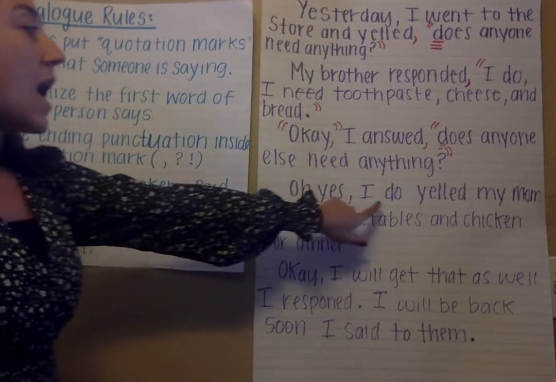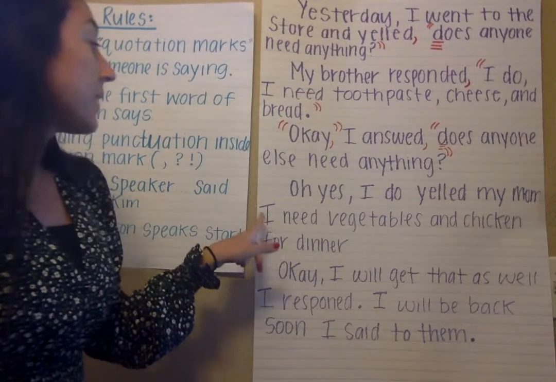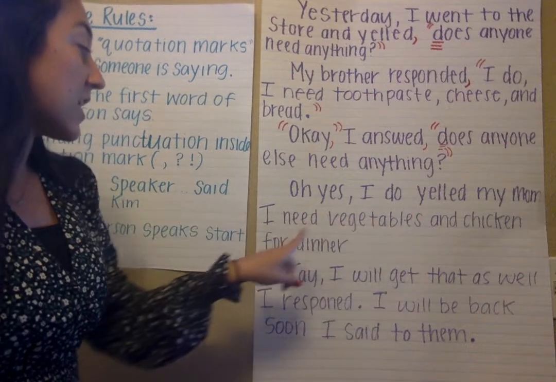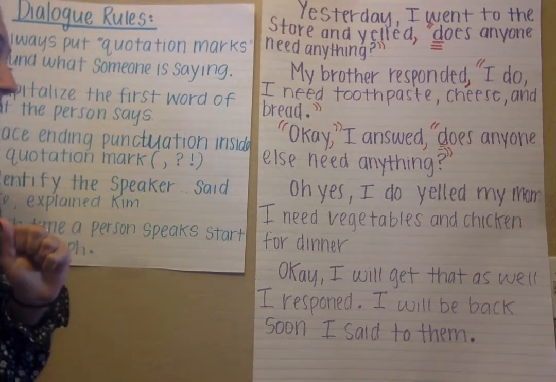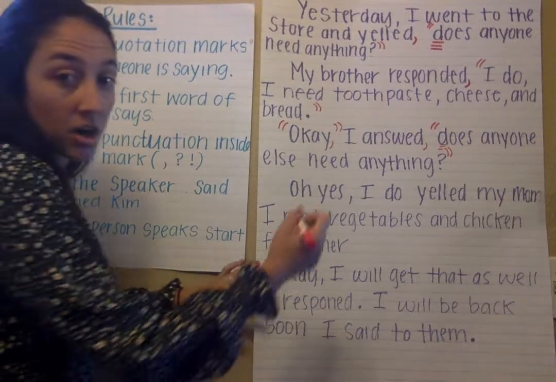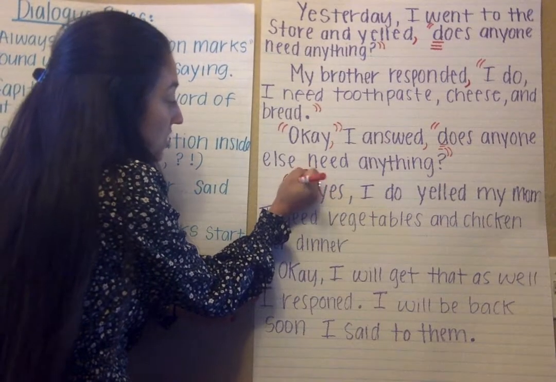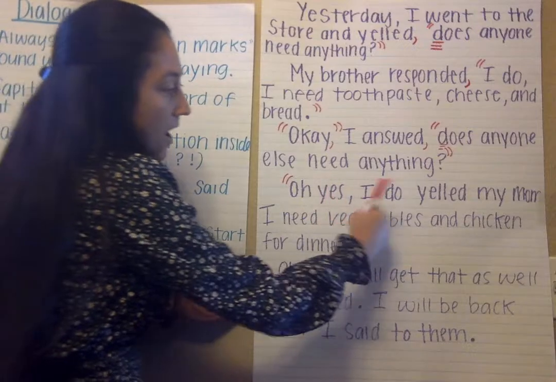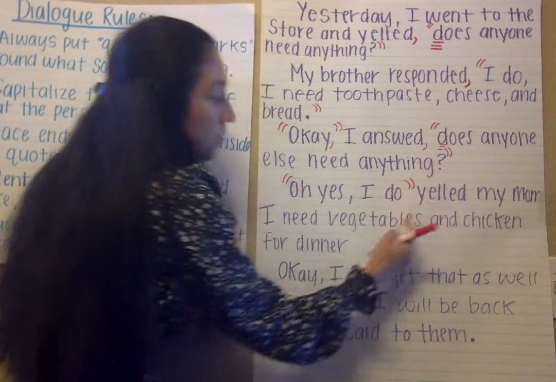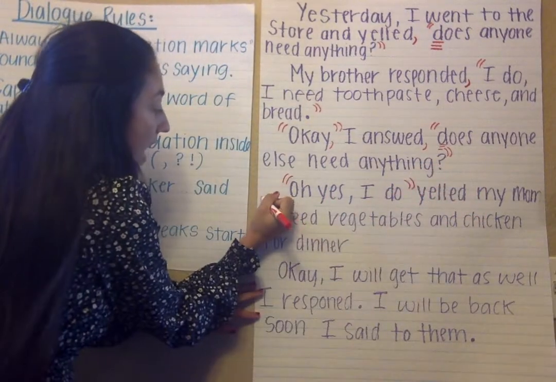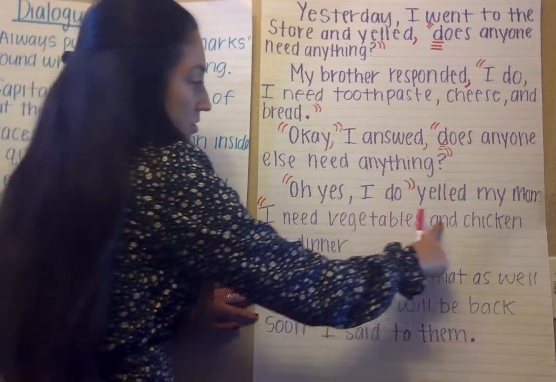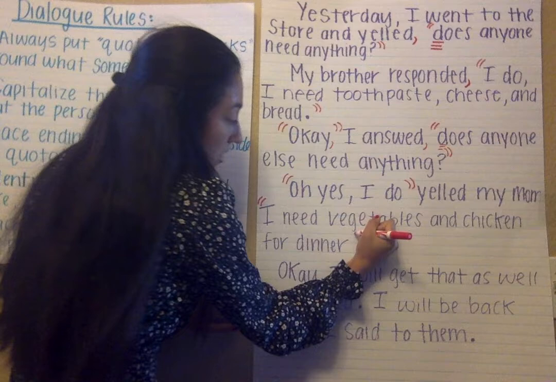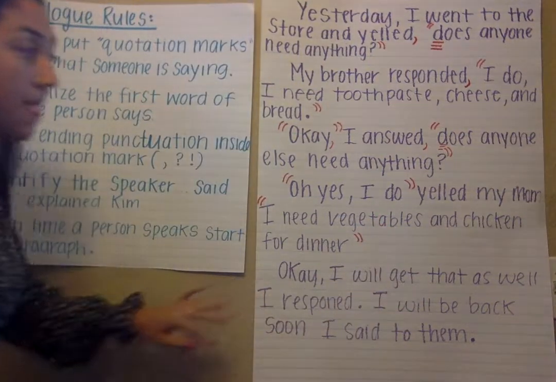"Oh yes, I do," yelled my mom. "I need vegetables and chicken for dinner." So she again spoke twice during this sentence, so we need to start by quoting what she first said. "Oh yes, I do," quote, yelled my mom. "I need" quote "vegetables and chicken for dinner," quote.